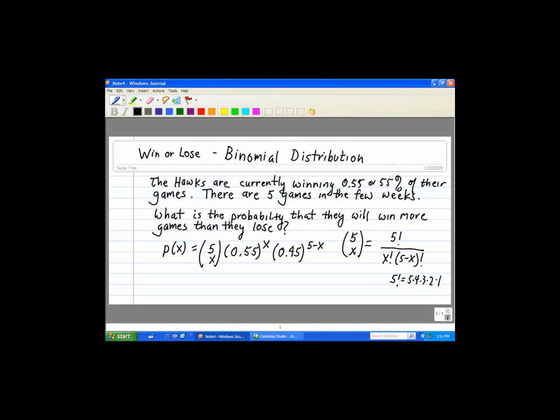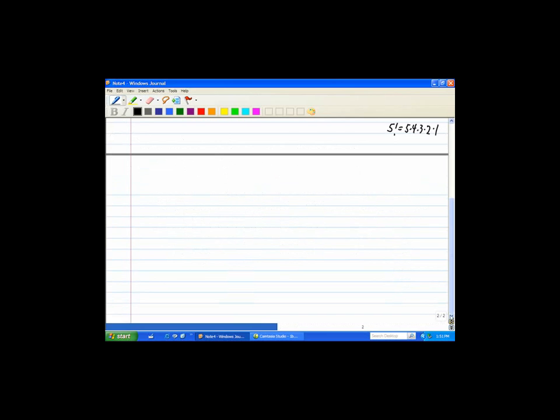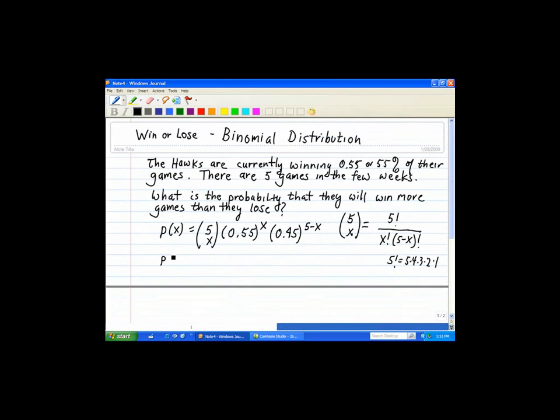So here, the probability of winning 3 games is equal to the number of combinations, 5 factorial over 3 factorial, because this is winning 3 games, and 5 minus 3 is 2 factorial, times 0.55 raised to the 3rd power, times 0.45 raised to the power 5 minus 3, which is squared.